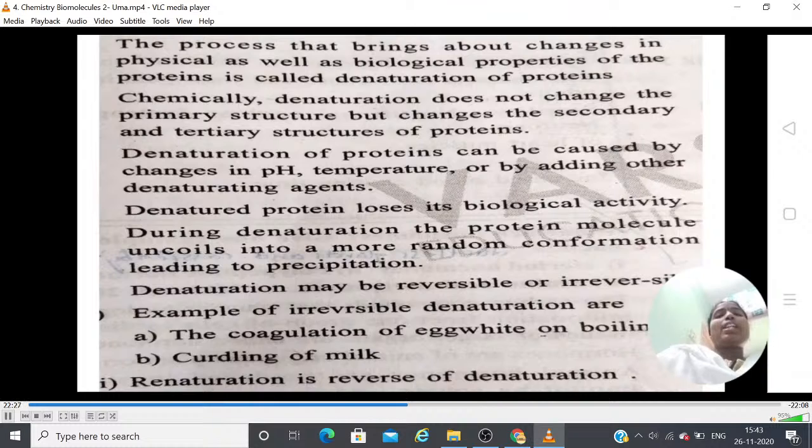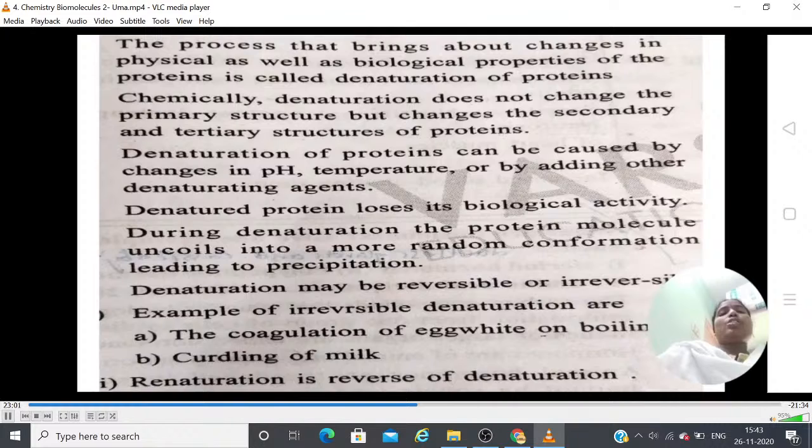First, denaturation of proteins can be caused by changes in pH, temperature, or by adding any denaturing agent. Next, denatured protein loses its biological activity.